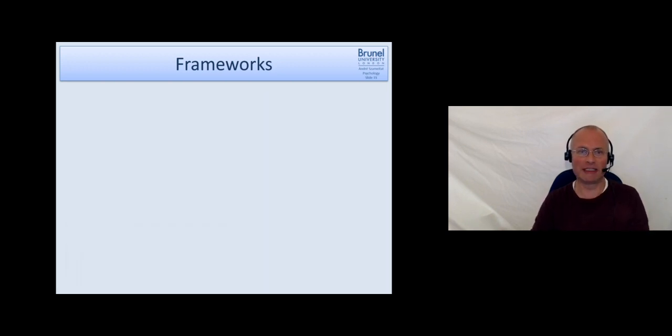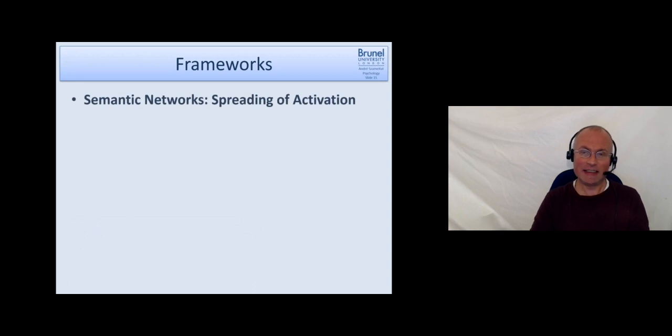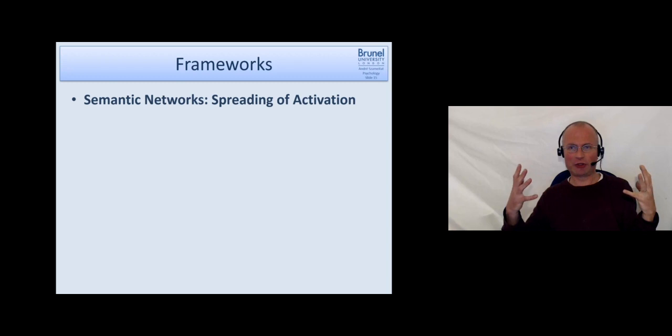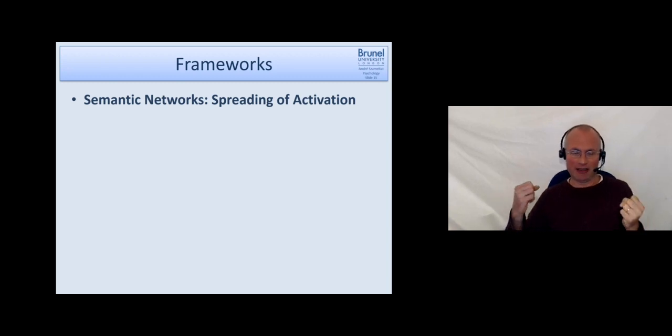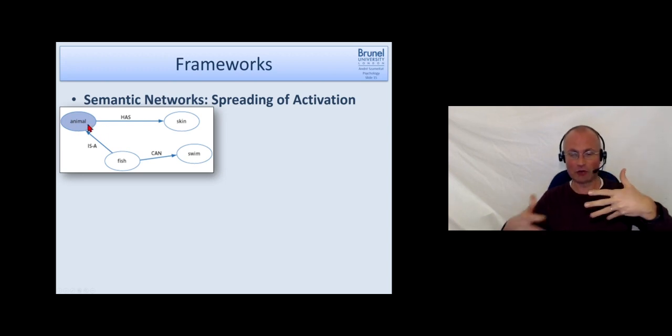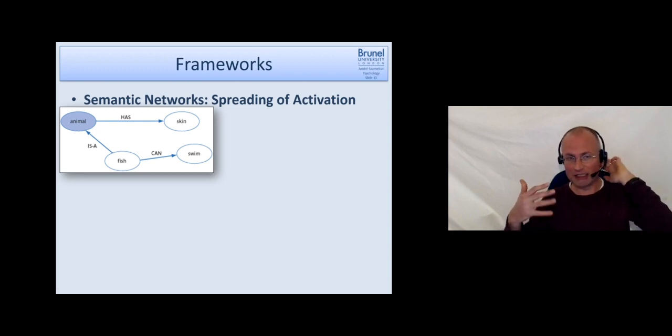How can this be explained? The idea is that these semantic networks have something called activation, and this activation can spread through the network. So at the start of the trial, when we see just the prime, animal in our example, this will activate the animal node, because we see it, so the representation in our mind is activated.